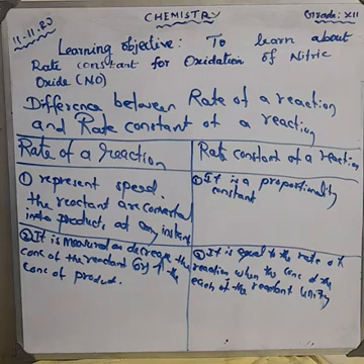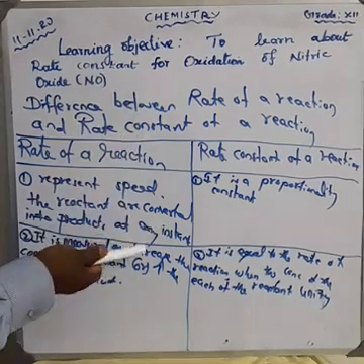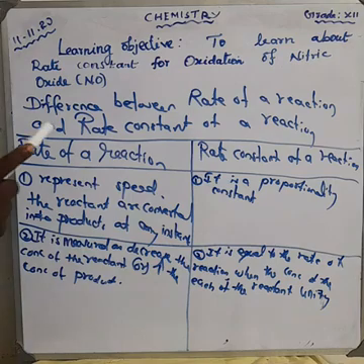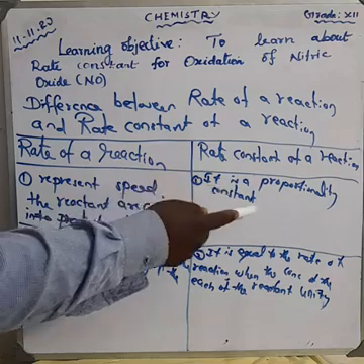The rate of the reaction represents the speed at which the reactants are converted into product at any instant. The rate constant of the reaction is a proportionality constant. Here it represents speed, there it represents constant.